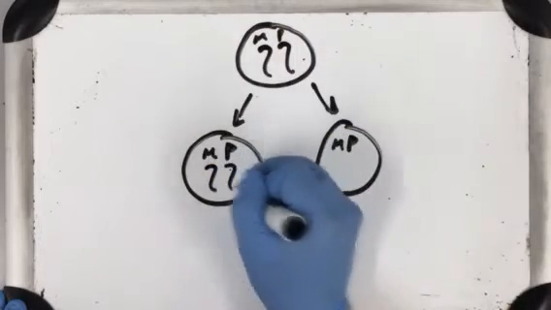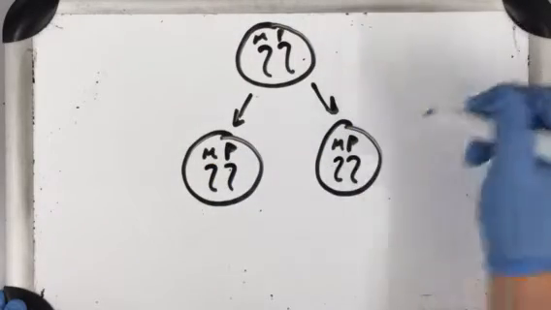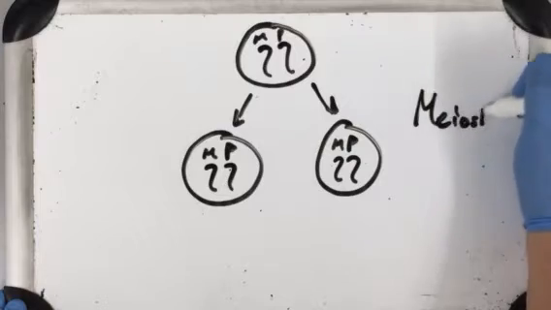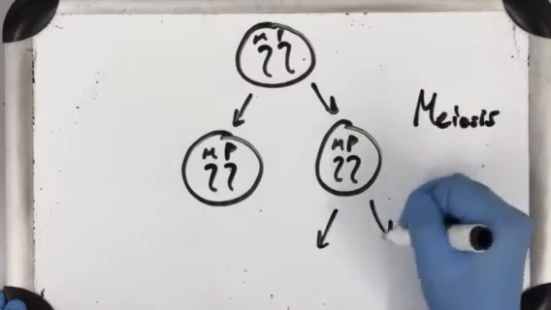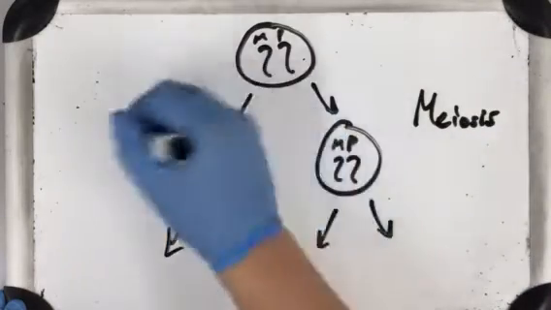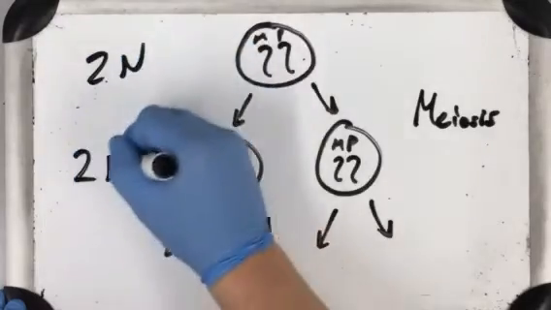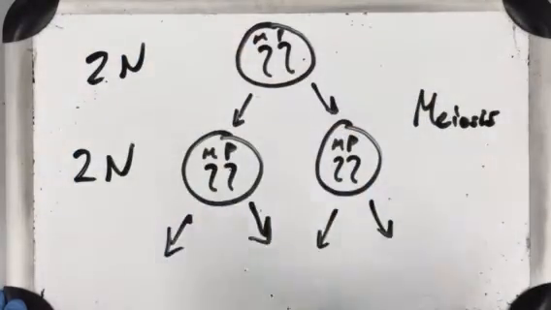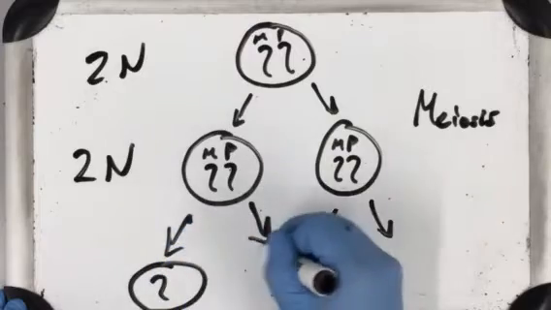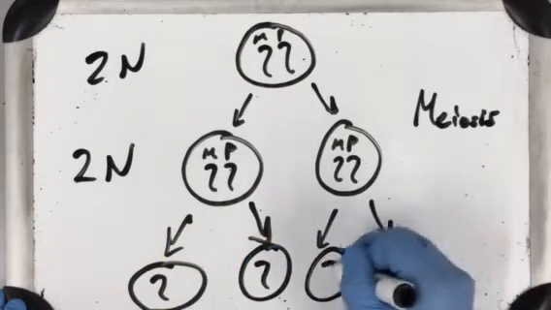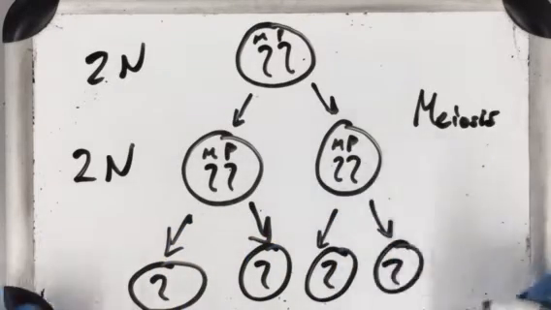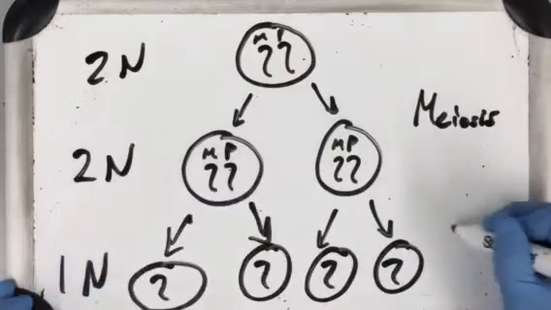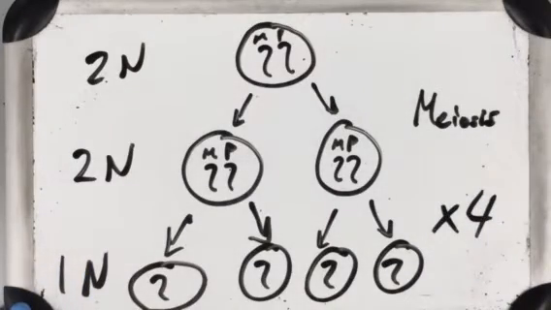This is doubled once, but then with meiosis, it happens again. So right here you have two copies, and that's what that 2n stands for. But over here, you only have one copy of a chromosome going into 4 cells.